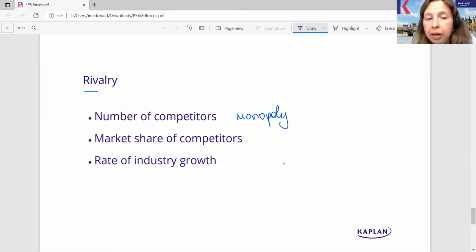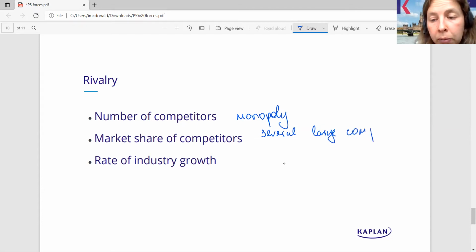If we do have competitors, we need to think about how big those competitors are. So we could have several large competitors. And if each of those competitors has a significant market share, they have significant presence in the industry, we'll struggle to match them, we'll struggle to create enough brand recognition, enough customer loyalty to withstand pressure from those competitors.